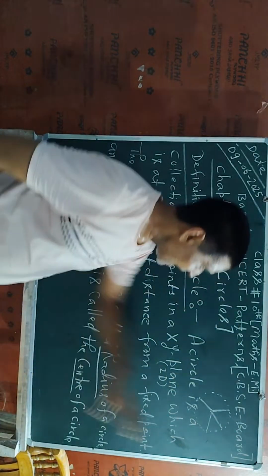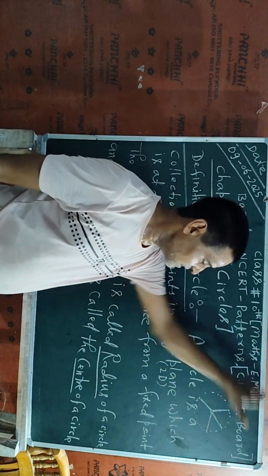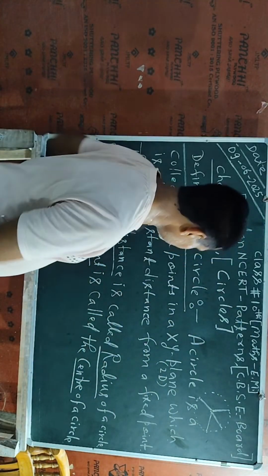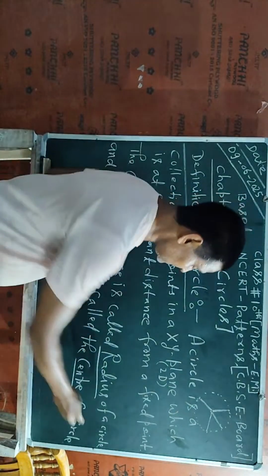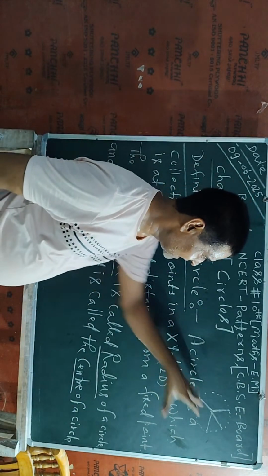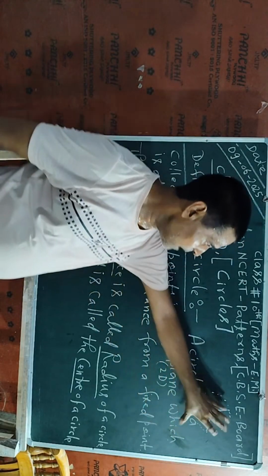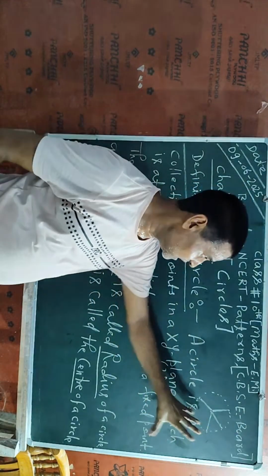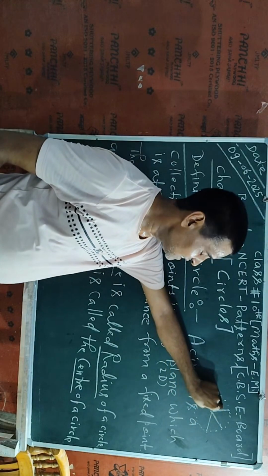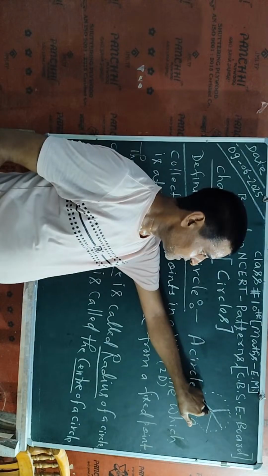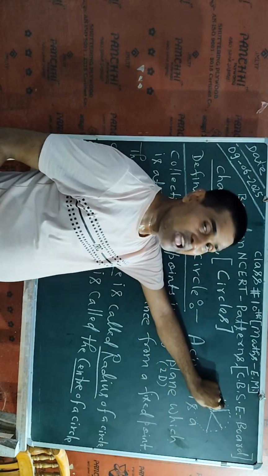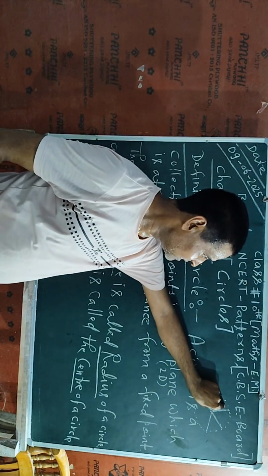It means that I am taking a collection of all points in the xy plane. So this plane I am saying the xy plane. This is the x-axis and this is the y-axis. So these two lines will make a plane, and that plane I will say is the xy plane. So we have to consider points such that all points lie at a fixed distance from a fixed point, and that fixed point is also called the center of the circle, and the fixed distance is the radius of the circle.